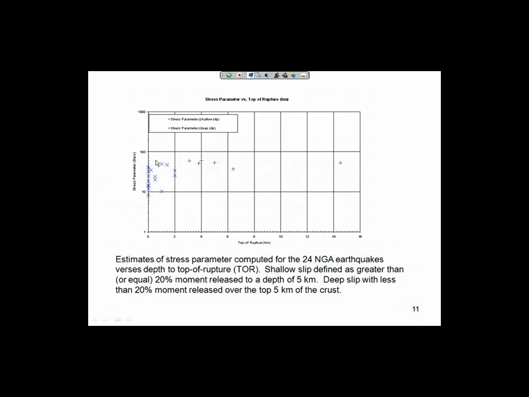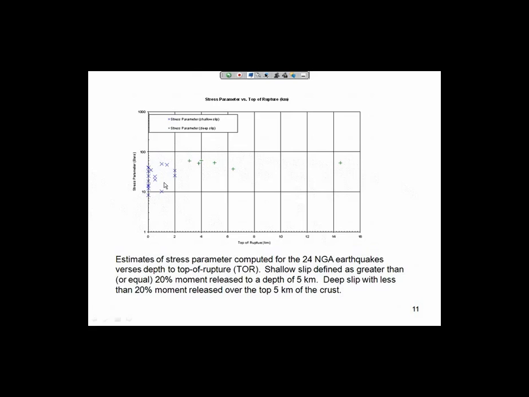The shallow earthquakes, which are down here, have basically, the max is basically the same as these guys, but they go down to very much lower stress parameters. So there's much more variability in the shallow earthquakes than there is in the deep earthquakes. And the deeper earthquakes tend to have, all do have basically higher stress parameters than nearly all the shallow earthquakes.